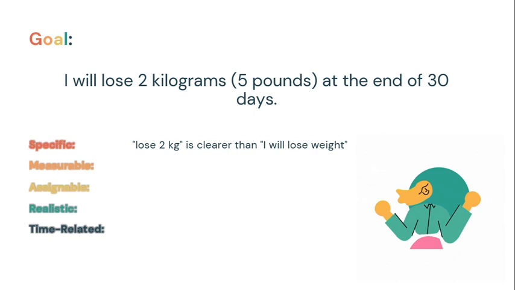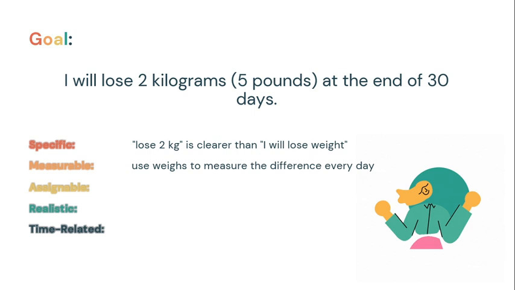Because if you say I will lose weight, there are different ways to measure your progress. You can use your waistline perhaps, or you can measure your weight by using a scale. So lose 2 kilograms is much more specific than I will lose weight. It is measurable because you can use waist or scale to measure the difference every day.